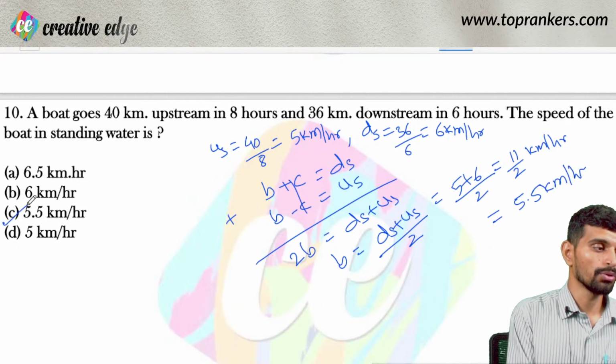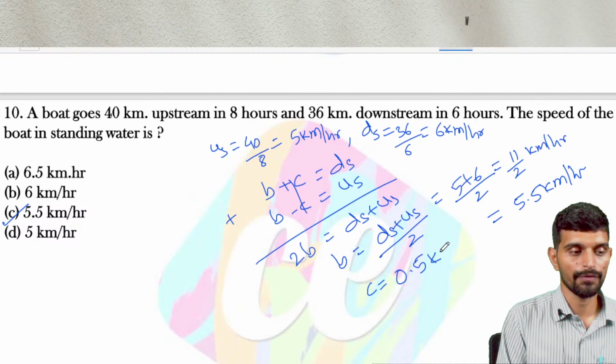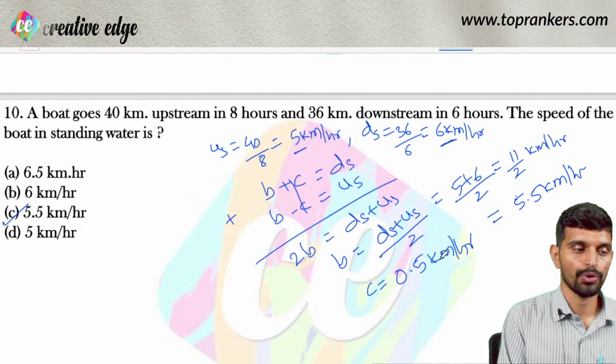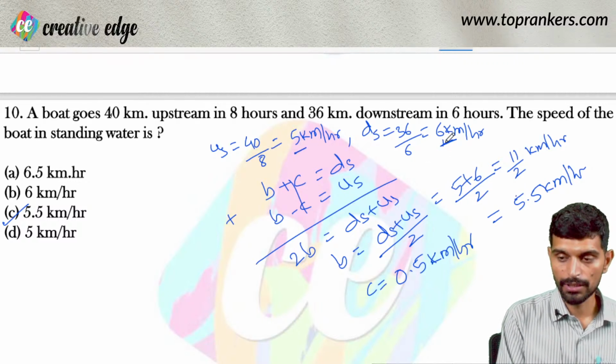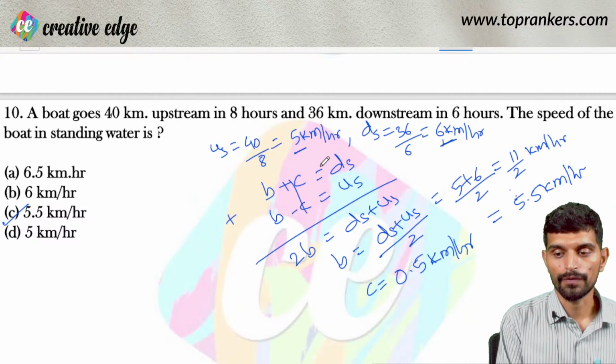So that is the speed of boat. If we were asked about the speed of river, that would have been 0.5 kilometer per hour, as downstream speed is 6, upstream speed is 5. 5.5 plus 0.5 will give us 6. 5.5 minus 0.5 will give us 5.